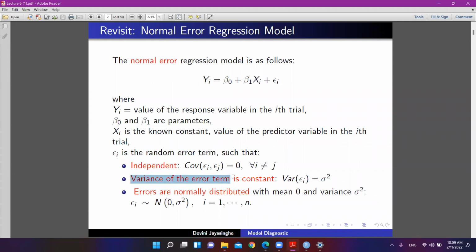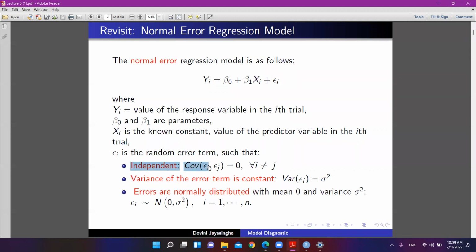If the variance is not constant, we just look at that particular diagnostic plot and we can come into assumptions. Okay, this particular model is not linear, so we have to fit a non-linear model. Likewise, we can extend our regression model in a way that it meets all the assumptions.